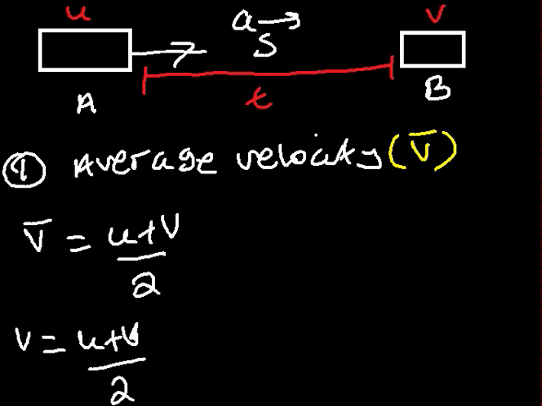If we have the initial velocity as well as the final velocity for the journey, then the average velocity can be calculated using this formula.